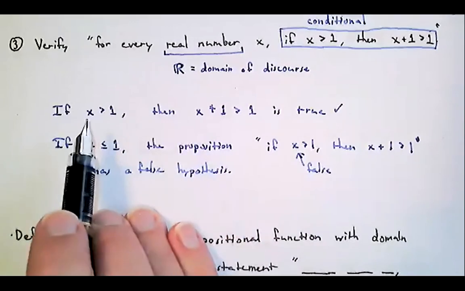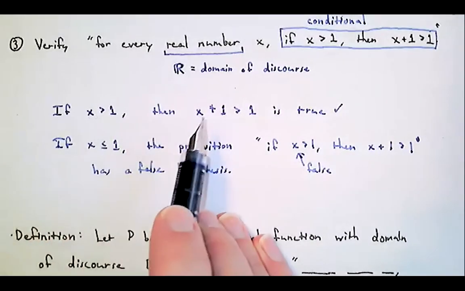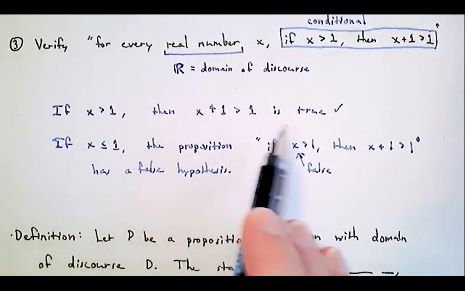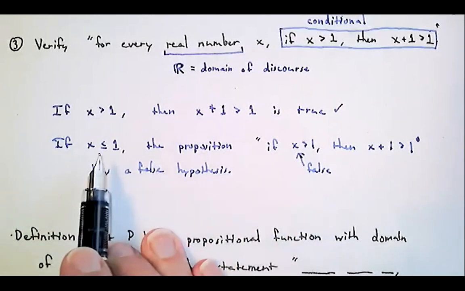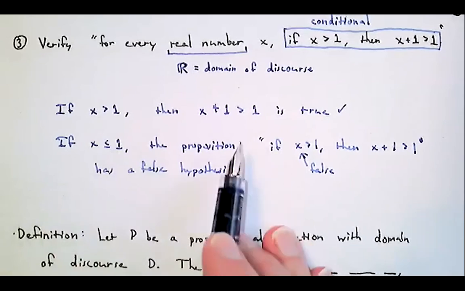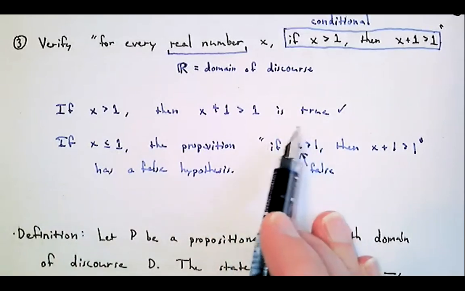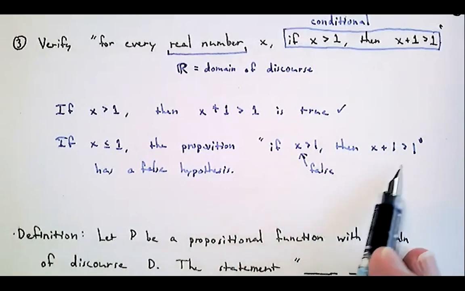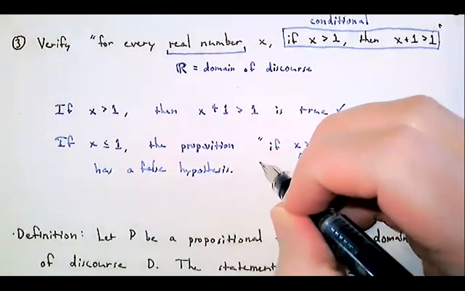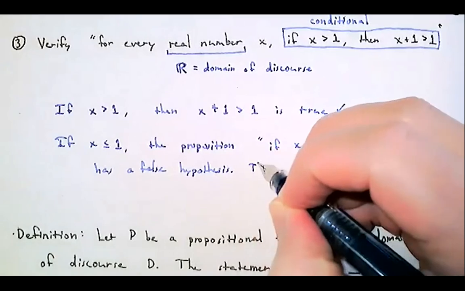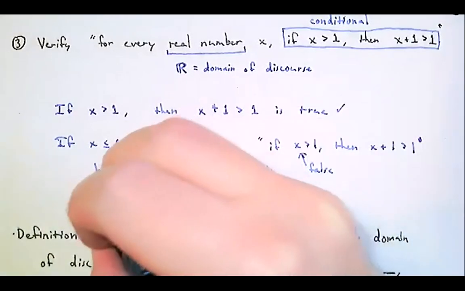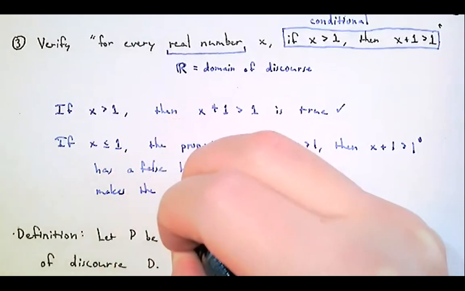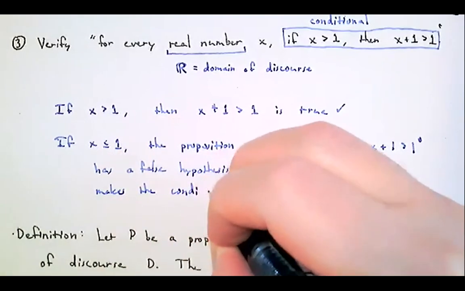So when x is greater than 1, we can definitely say that the second part, x plus 1 is greater than 1, is true. But if the hypothesis is false, then it actually doesn't matter what the truth value of this part of the proposition is. So this makes the conditional vacuously true.